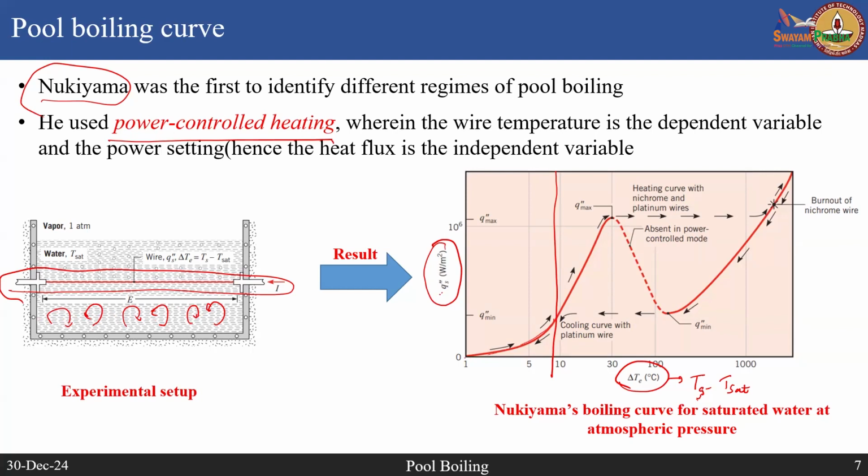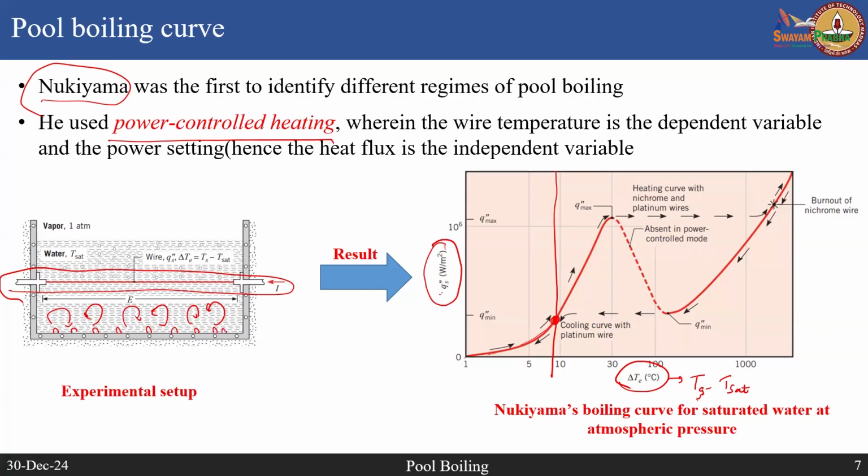Now, at some temperature which is called the onset of nucleate boiling, which happens at around 5 or 6 degrees for water at 1 atmosphere, he started seeing nucleation of small bubbles or vapor pockets.